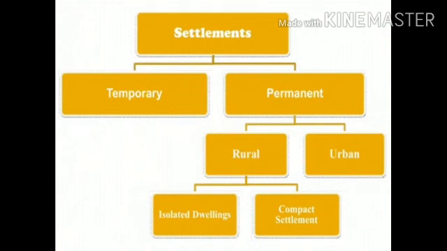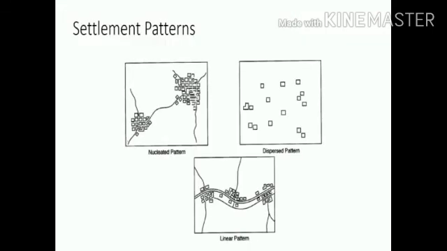The settlements are of two types: permanent and temporary. There are three types of settlement pattern: nucleated pattern, dispersed pattern, and linear pattern. We will further discuss this topic in the class.